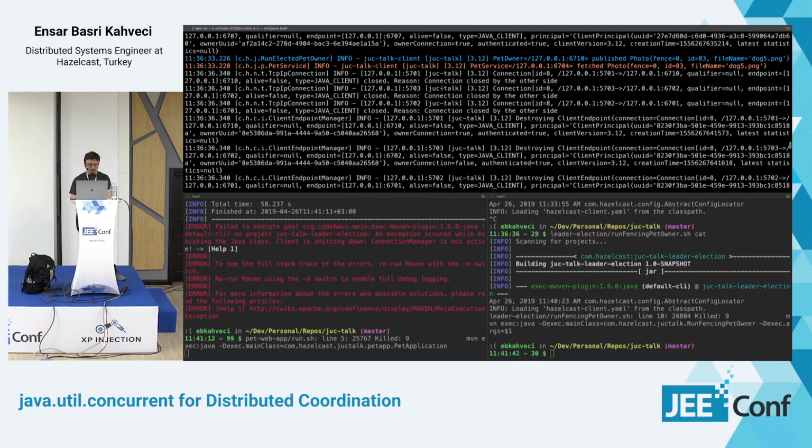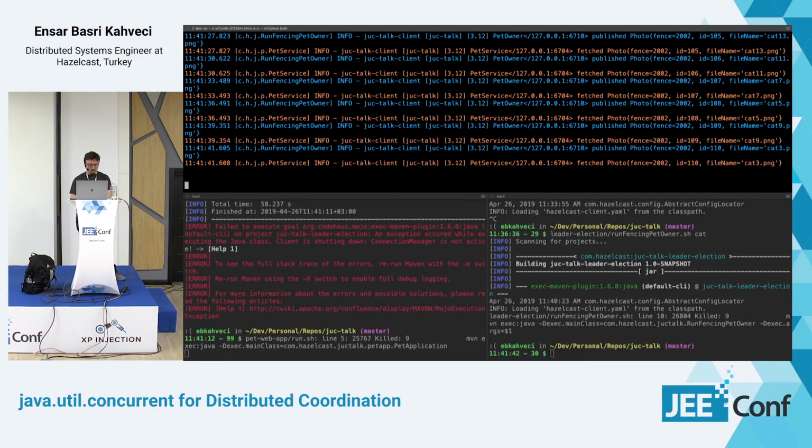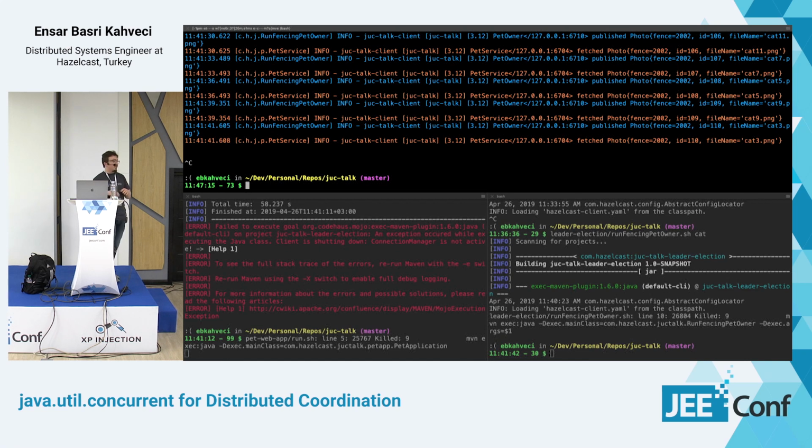So for instance, I'm running multiple Hazelcast servers, and one of them will be elected as the leader, so they will run this Raft consensus algorithm inside this RPC mechanism.